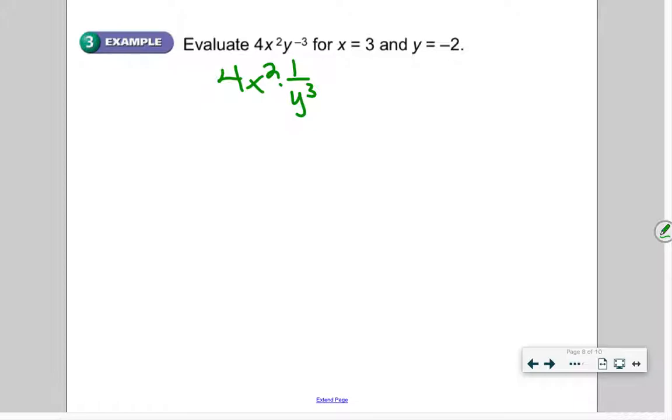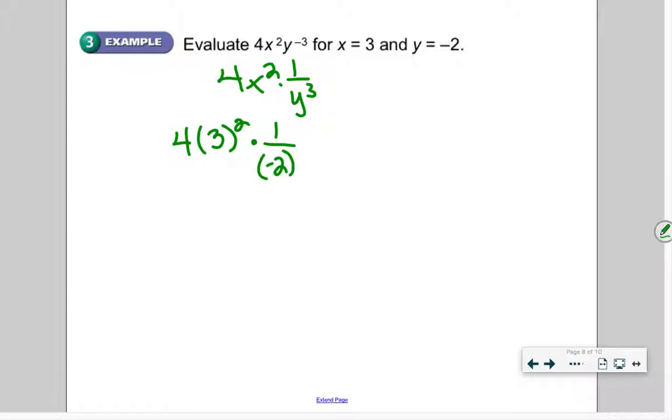Okay? So now, when I rewrite this, I have 4. x is being replaced with a 3, and that is being squared. Correct? And then I'm still multiplying. The y to the third is a -2.